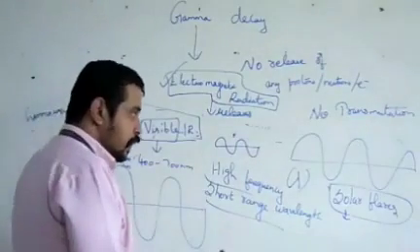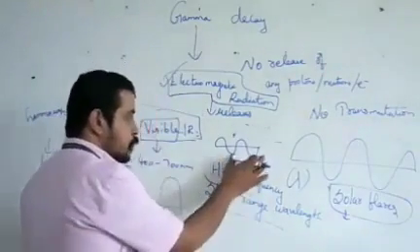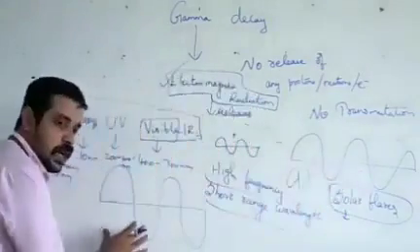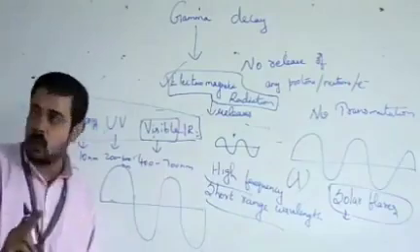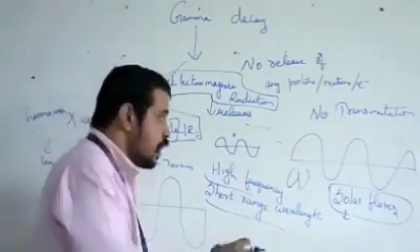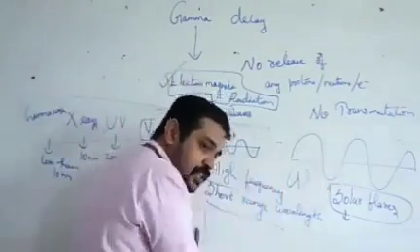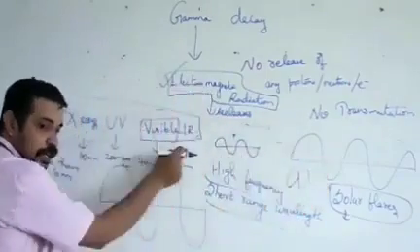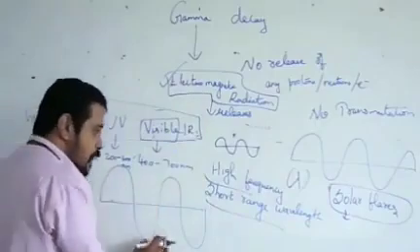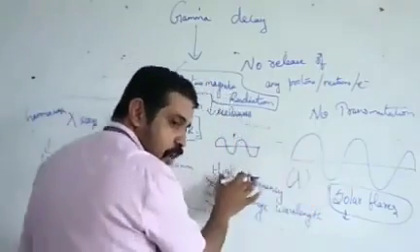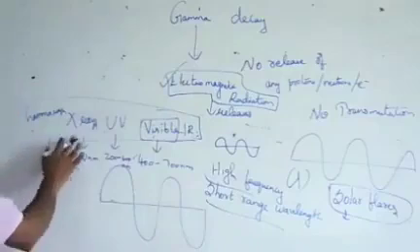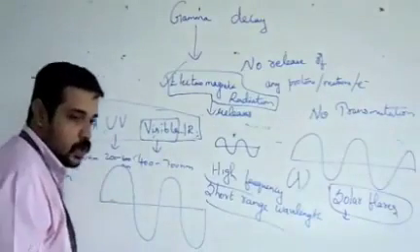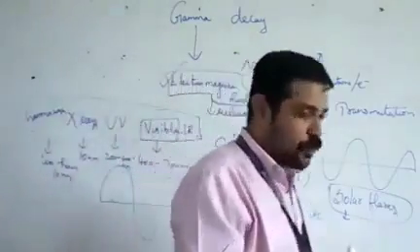We can take this as a short wavelength, this is a medium wavelength, and this is a long wavelength. Based on the differences in the wavelength, we have different electromagnetic radiation.